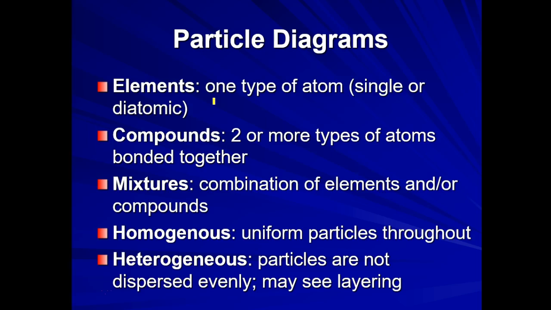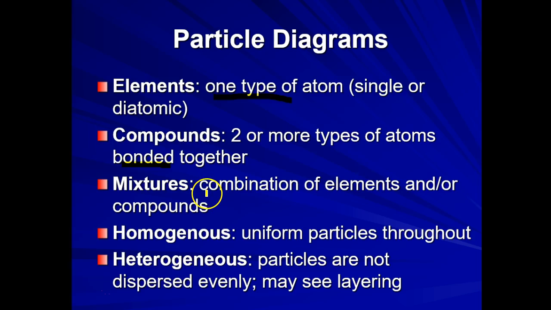Okay, I want you to copy these definitions down, and I want you to draw up the pictures next to them. You might want to use a colored pencil or some crayons or two different colors. Okay. Compounds have two or more types of atoms, and they're bonded together. Mixtures are a combination of elements and compounds.